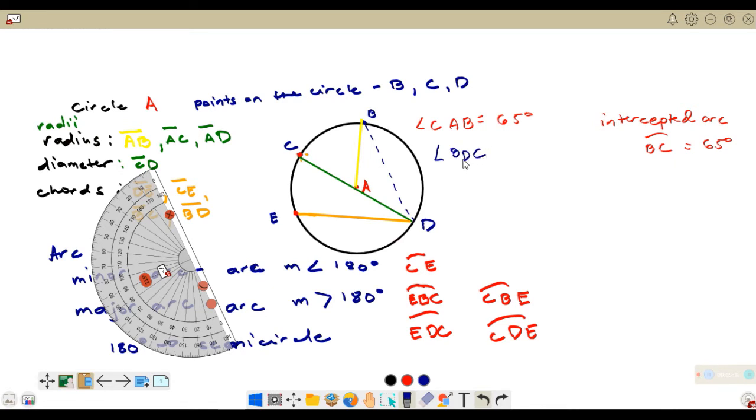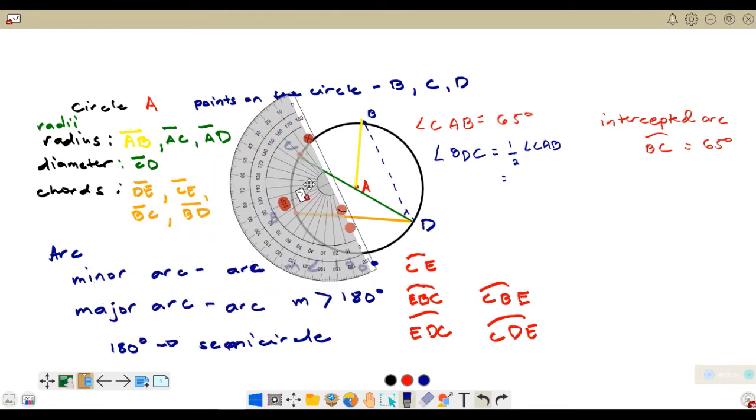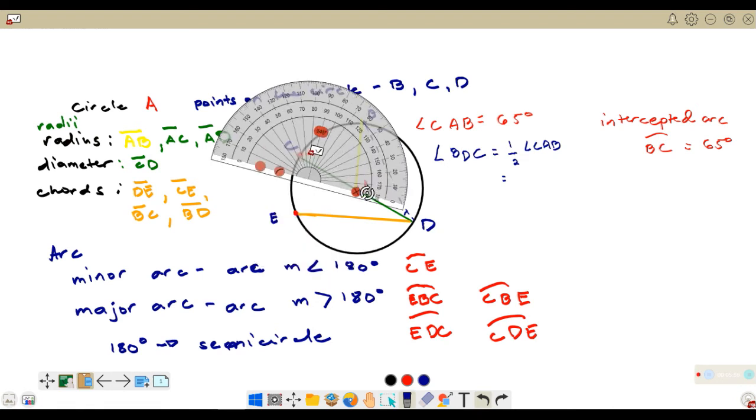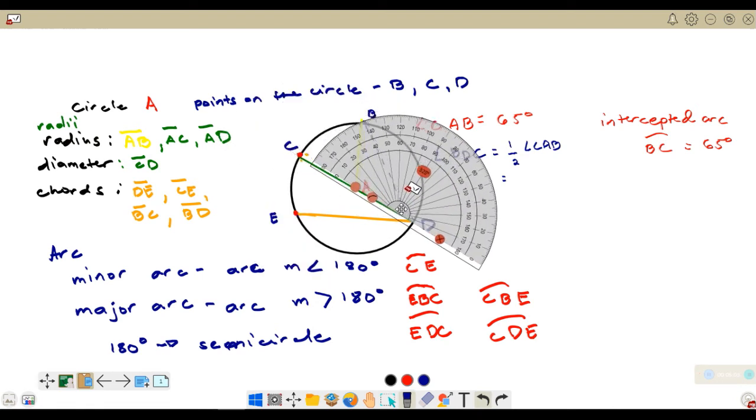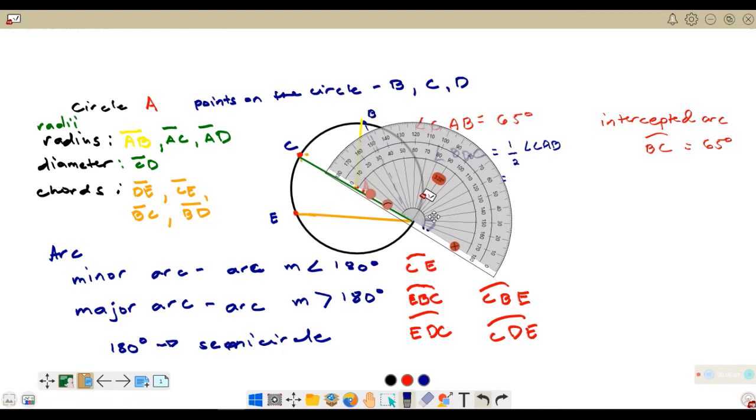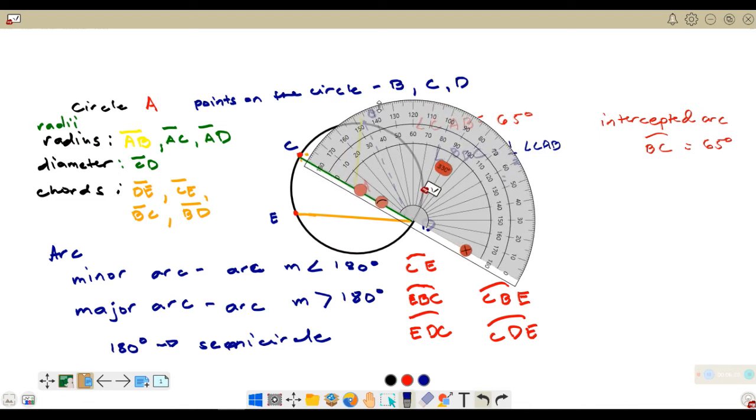BDC or angle CDB. Dapat ang measurement nito ay kalahati ng central angle natin na angle CAB. I-check natin kung kalahati talaga siya. Kung 65 degrees ito, dapat ito ay 32.5 degrees lang. So, lagay natin si protractor ulit. Yan. Lagay natin siya dun sa gitna. I-extend ko na lang siya mamaya. Okay. Tapos, palakihin natin siya. Okay.